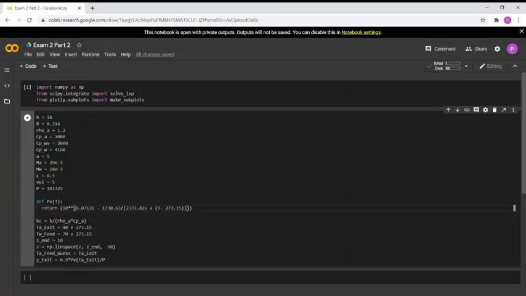Right, then everything divide by, then change it to Pascal, 1325.